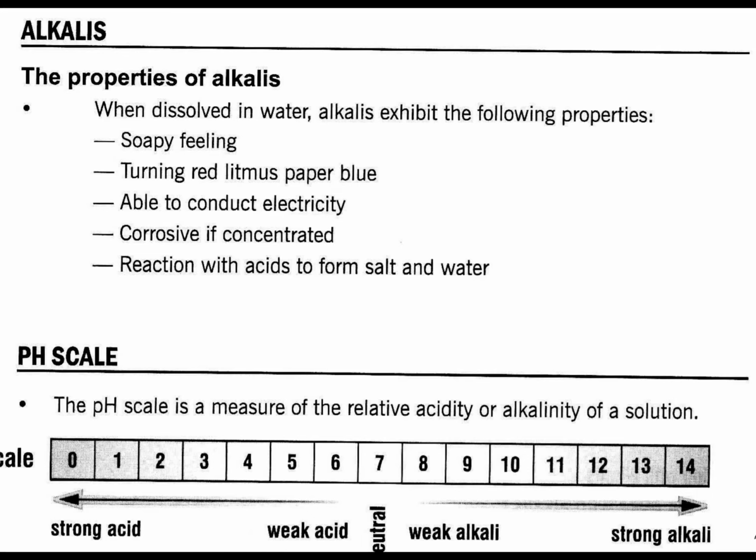Alkalis are defined as anything that dissolves in water to give you hydroxide ions. Alkalis neutralize acids to form a salt and water. The reason is that acids produce H+ ions, while alkalis produce OH- ions in solution.